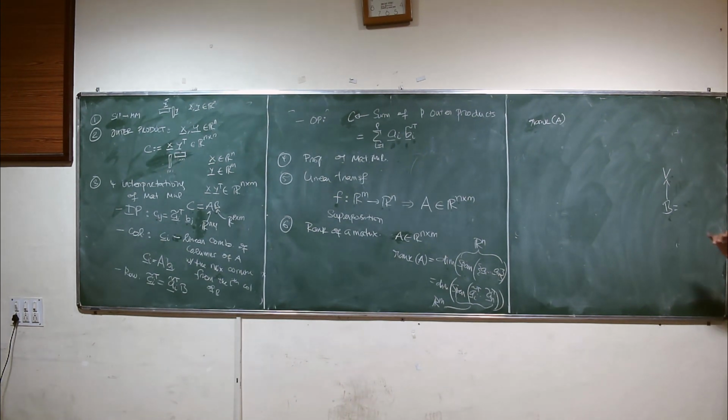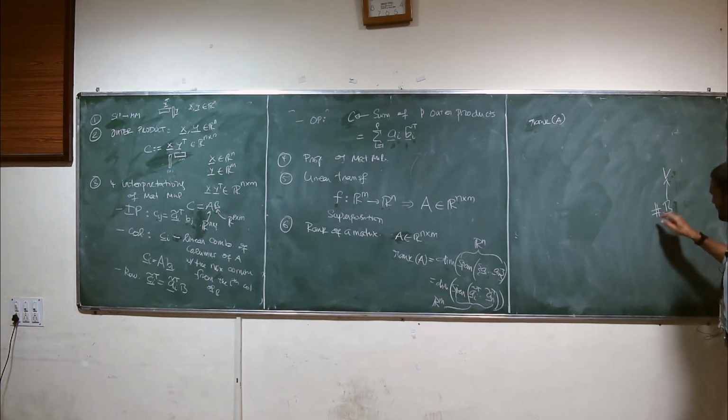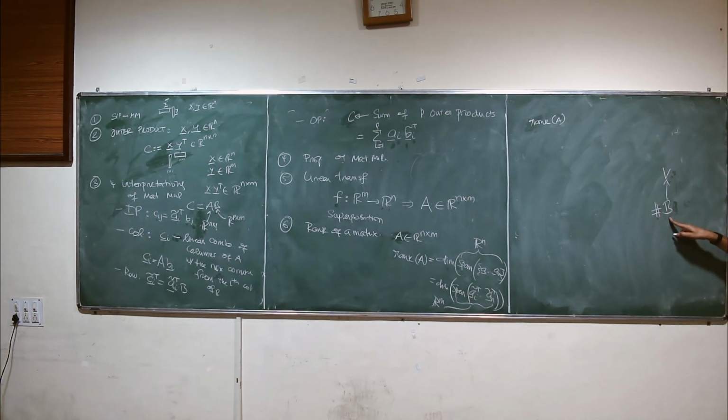It is a linearly independent set that spans V. That means every vector in this vector space V can be obtained by simply taking the linear combination of elements of V. So that's basis. What is the dimension of V? Like you said, it is the number of elements. This hash operator simply tells you, if V is a set, the number of elements in the set. That is simply the dimension of V.